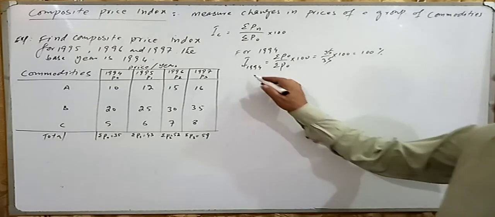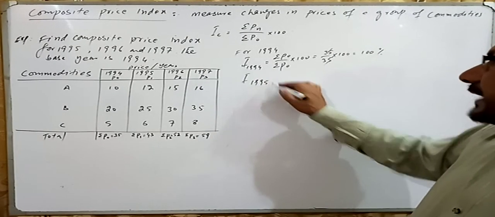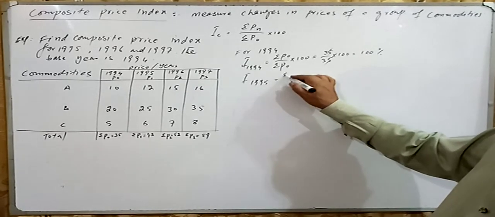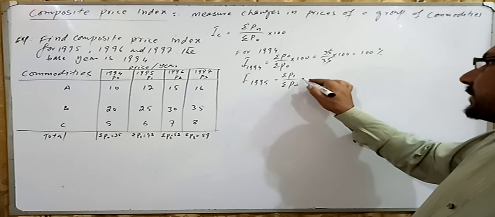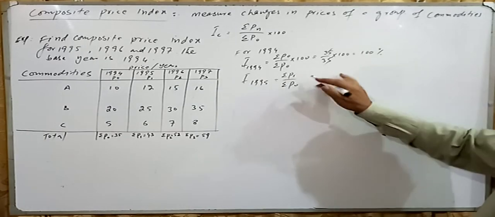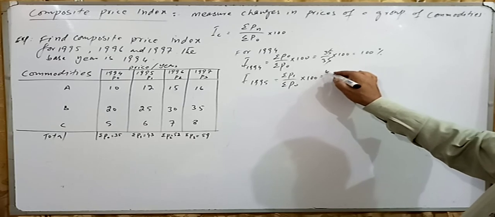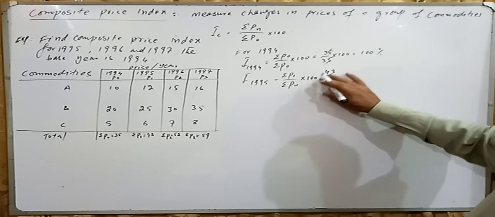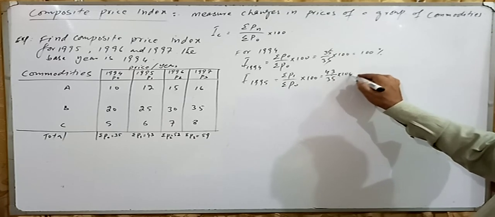The next one is for 1995. Summation of P1, the first current year, divided by summation of P naught multiplied by 100. After putting the values, you get 43 divided by 35 multiplied by 100.